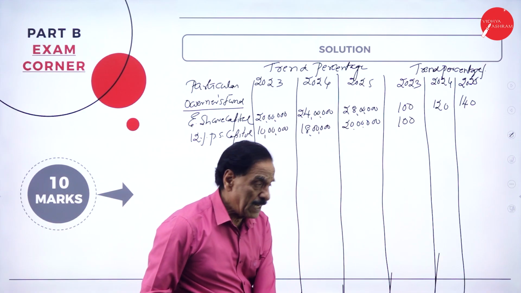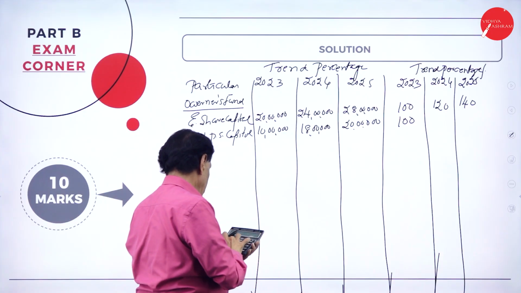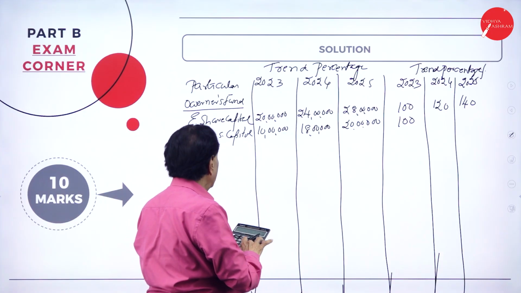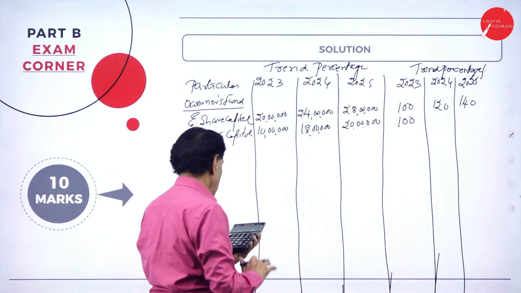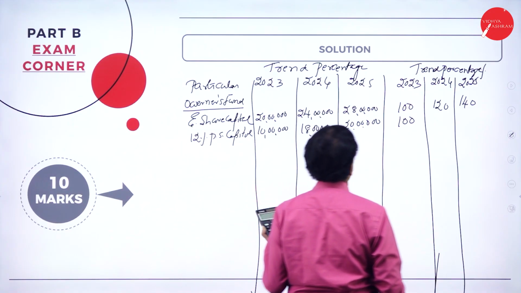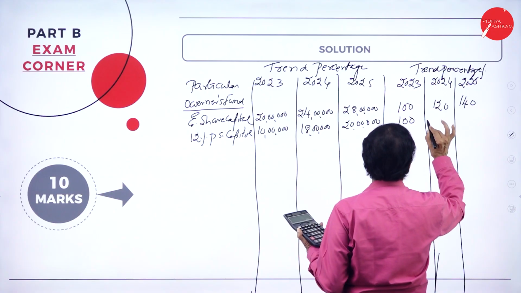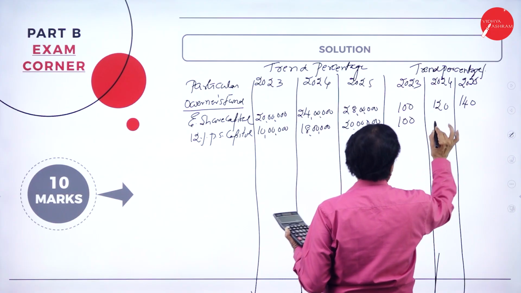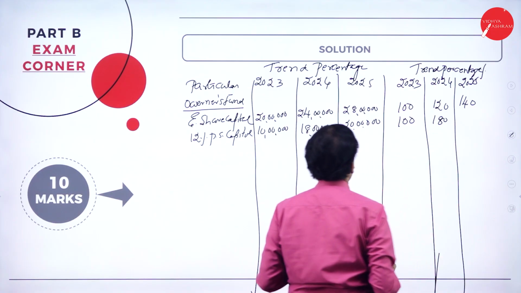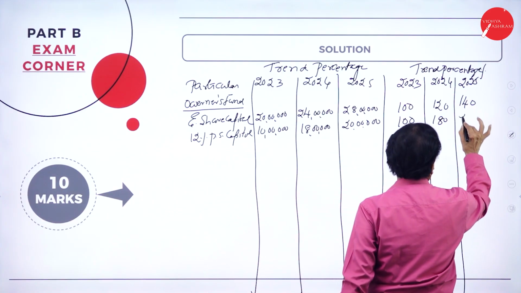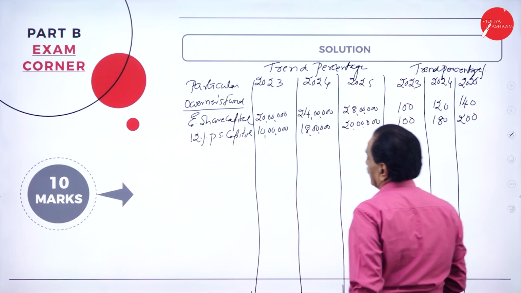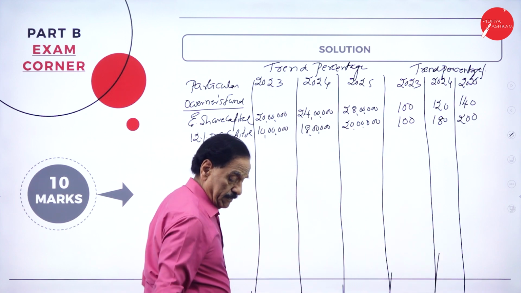So 18 lakh divided by 10 lakh into 100 is 180%. Then 20 lakh means 200%.